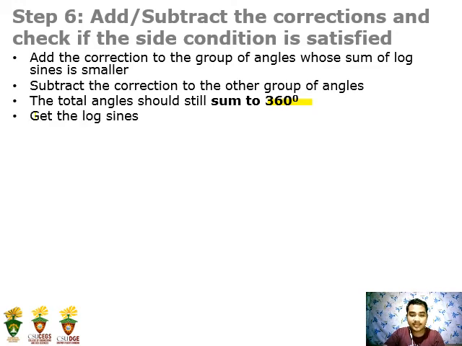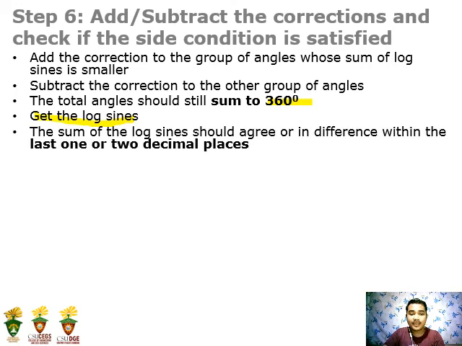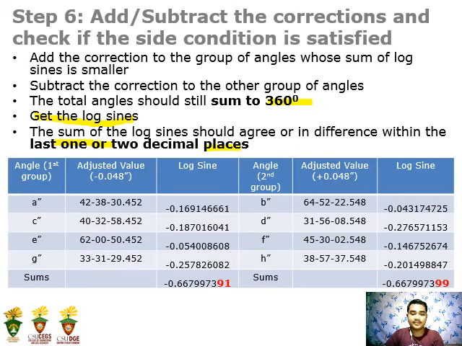Next is to get the log signs of those angles corrected after the side condition, and please take note that the sum of the log signs should agree, or differ only within the last one or two decimal places. Later we will discuss more about this one. So here is the answer to this example, and as you can see, you already know how to get the log sign.